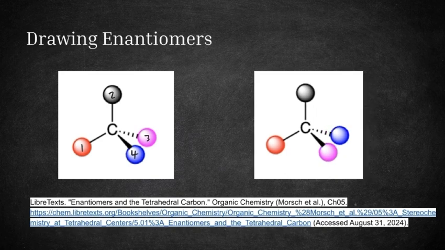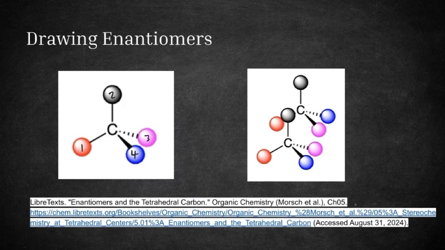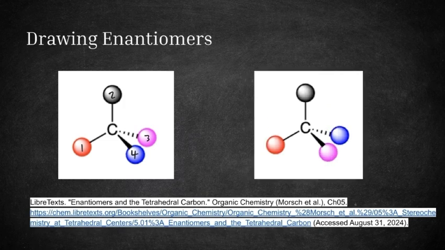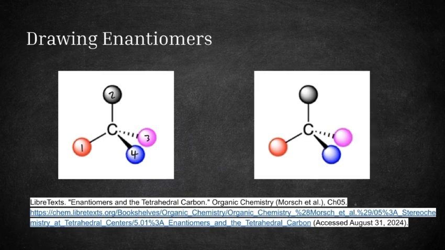Notice that this simple change disrupts the internal plane of symmetry, making these mirror images no longer superimposable. Swapping the positions of any two substituents again returns the molecule to the original conformation, making these molecules once again superimposable. Therefore, there are only two ways to arrange four different substituents around a tetrahedral carbon, which is why a molecule with one asymmetric center exists as a pair of stereoisomers.